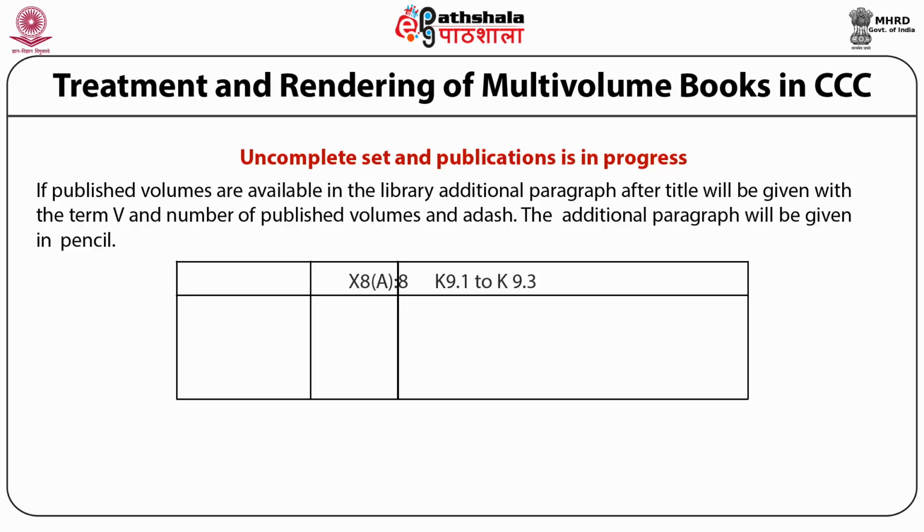In second section, heading section, name of the author of the book is given as per rules. In title section, title of the book is given as per rules, full stop. V1-3- indicates that the book is in progress, and this additional section will be given in pencil.